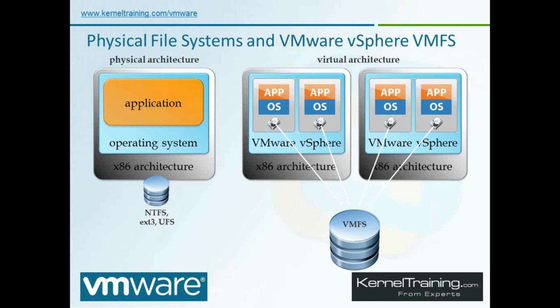But in a virtualized environment, VMware uses its own type of file system called VMFS, Virtual Machine File System, which is compatible with any operating system and has far more advantages than the native file system on your operating system.